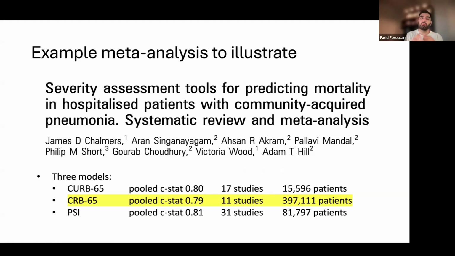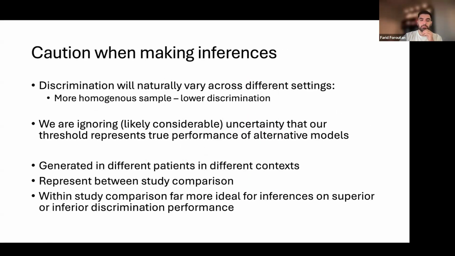But we're just using 0.8 or 0.81 as targets of certainty rating to make some conclusion around 0.79 being acceptable or unacceptable, and then proceeding with the rest of our GRADE assessment. So try to avoid saying better or worse as much as possible. And if you do, you have quite a lot of uncertainty.